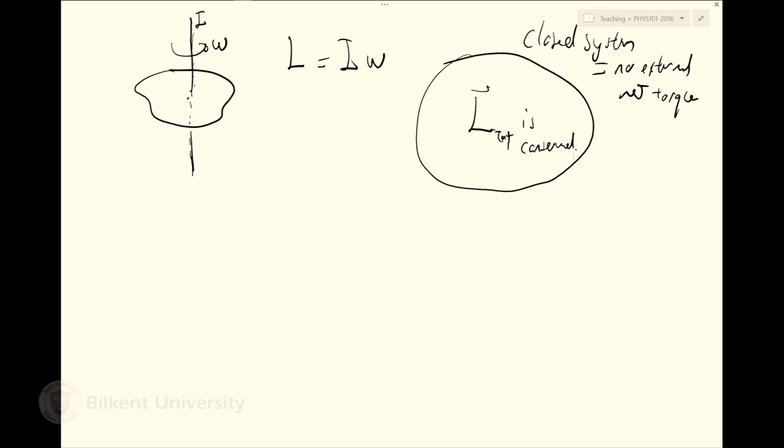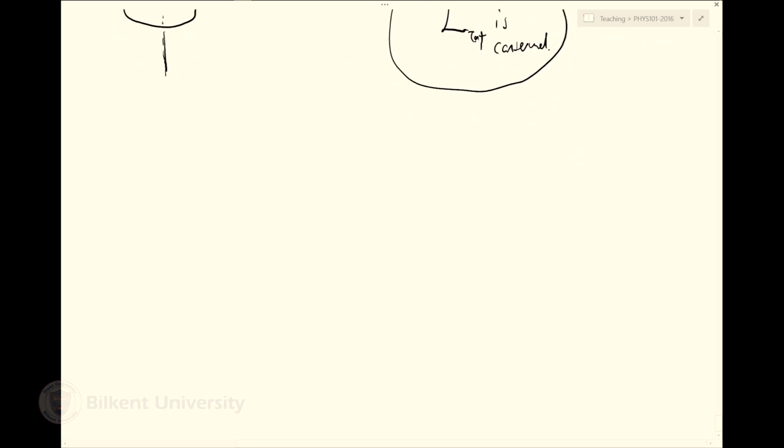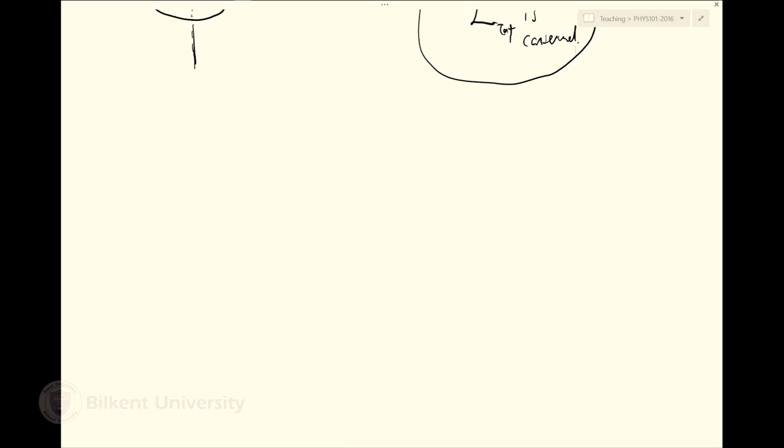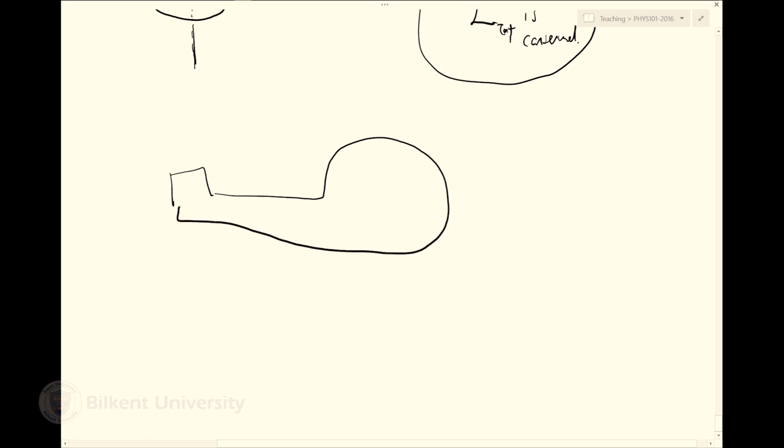Another example from daily life, maybe you haven't thought about it, is a helicopter. So that's my terrible drawing of a helicopter, right? Now, there is the blade, and up in the air, the helicopter is a pretty well isolated system.